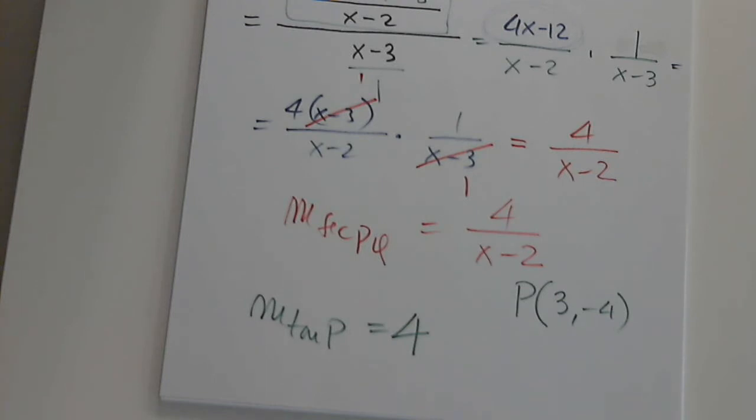So let's say we have no idea that this simplifies to 4 over x minus 2. We haven't performed any calculations. Let's assume that. So this is the secant line. So I would like to get closer and closer to x equals 3 and see what the slope of the secant line will give us.